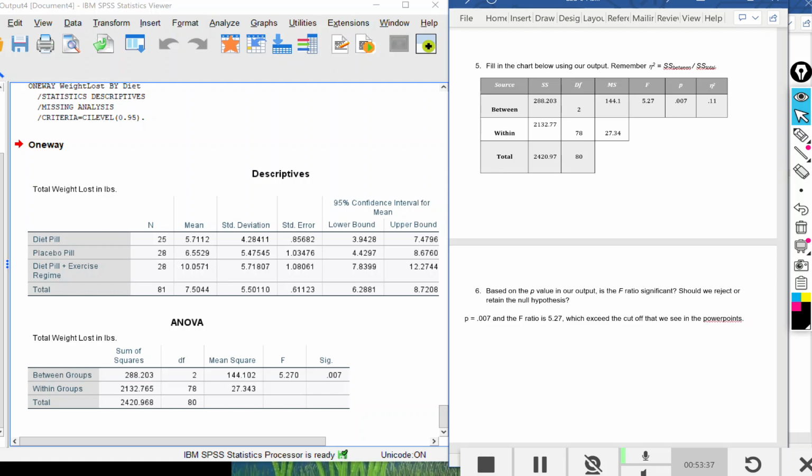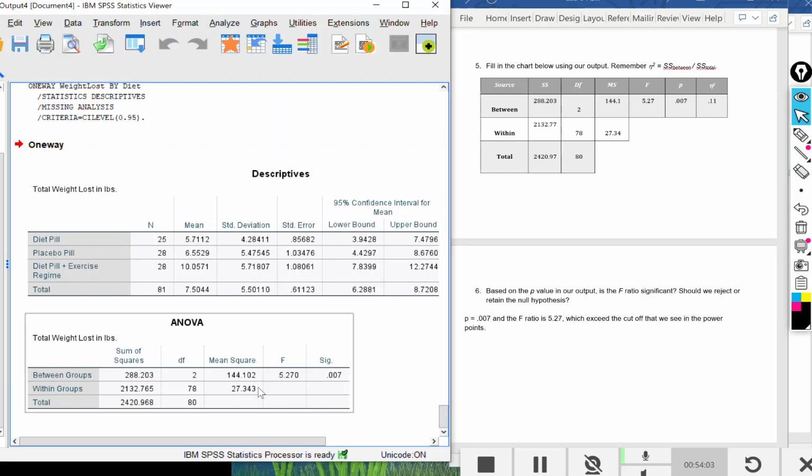There's probably a better way of saying that, but it gives you an idea that this is the reason why we should reject the null hypothesis. The F ratio cutoff has been met, and the p-value is less than 0.05. And in this case, our exact p-value we have to give is 0.007.